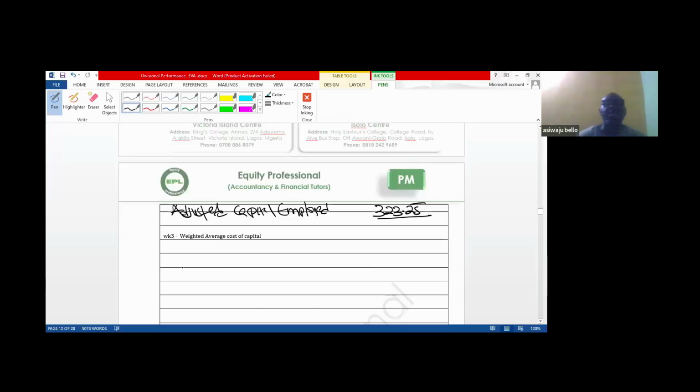Your working 3, weighted average cost of capital.